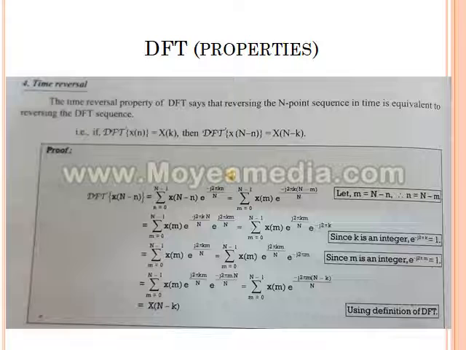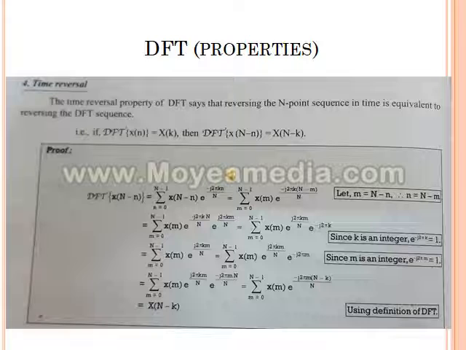Now again we make a substitution as we did in the previous property, but here we let m be equal to capital N minus n. So then it becomes x of m, and n is equal to capital N minus m.